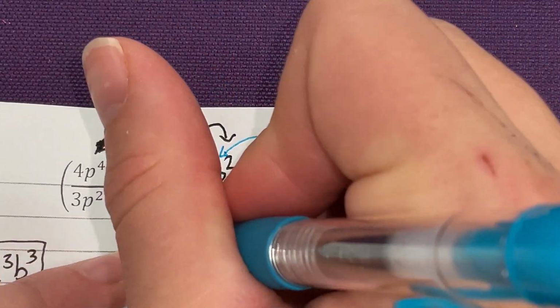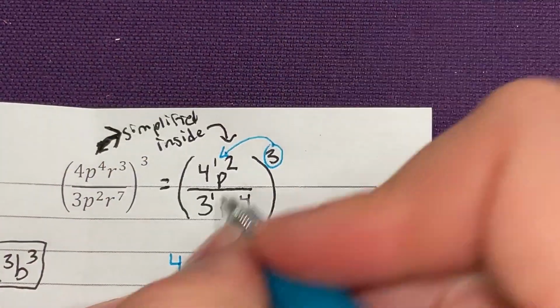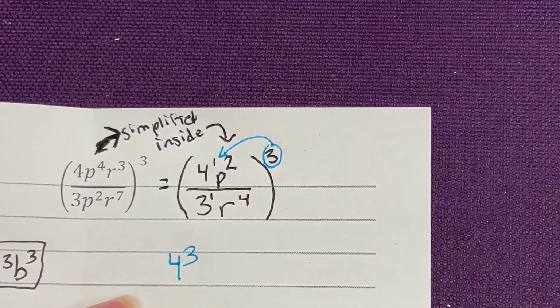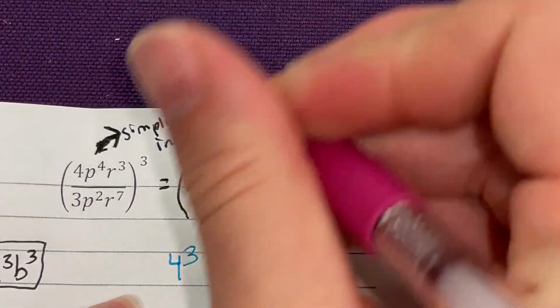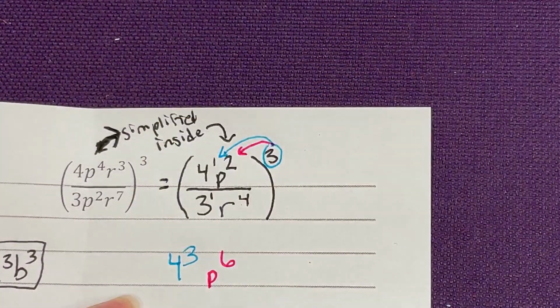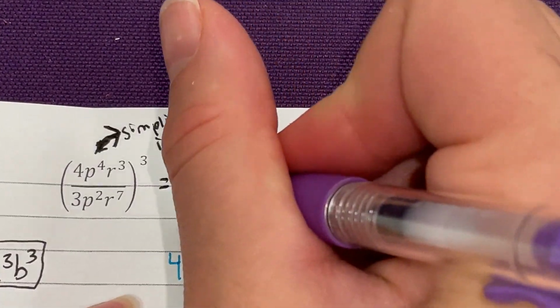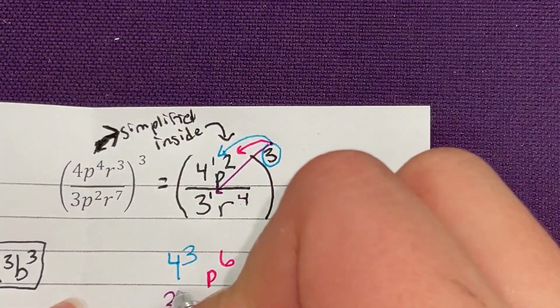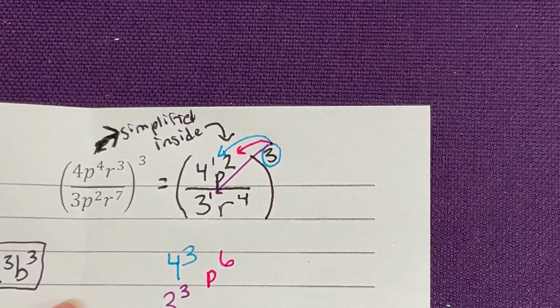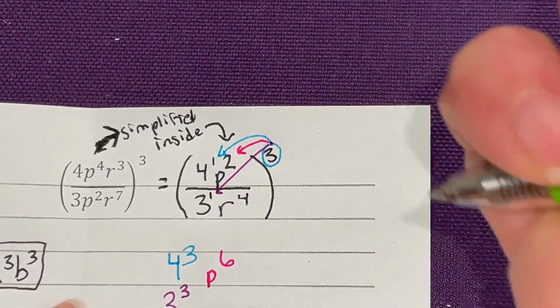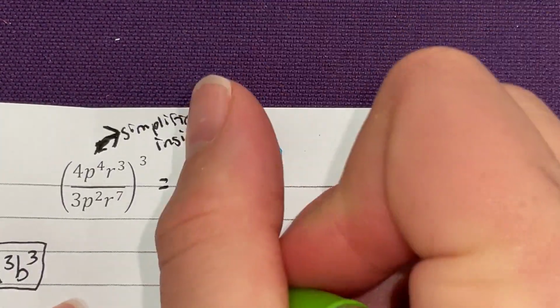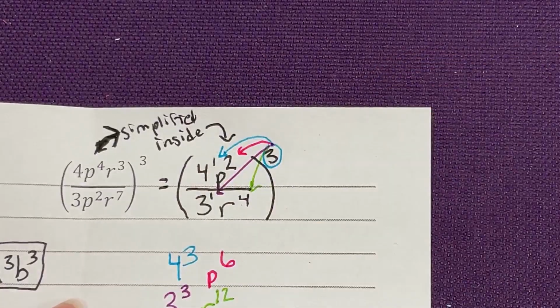So this gives me 4 to the third. All right, then we have p to the 6th. All right, and then we have 3 to the third. And then 3 times 4 is 12, so we're going to have r to the 12th. Let me write my fraction line.